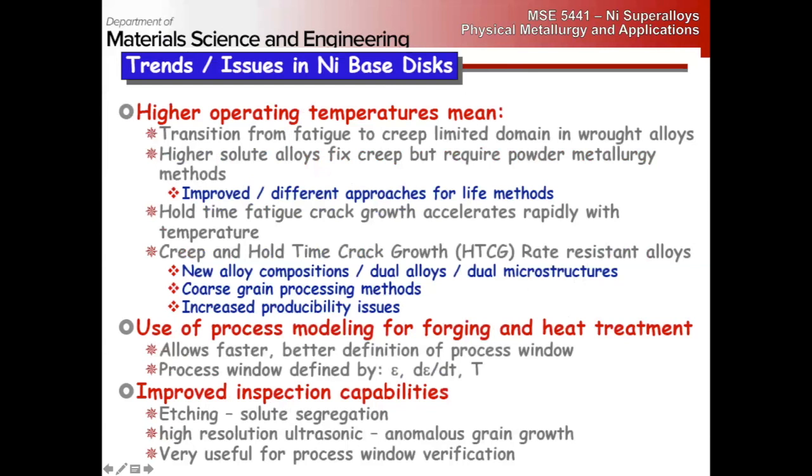Historically, these were done by cast and wrought. You would make a casting of an approximate shape of the disc and then put it into a forge press and forge it to the final shape.